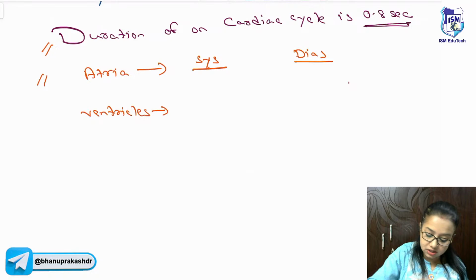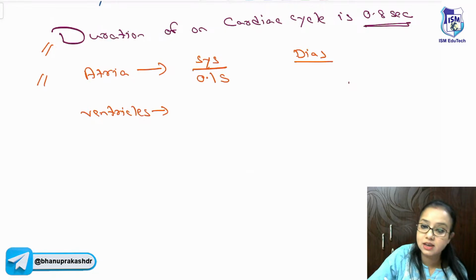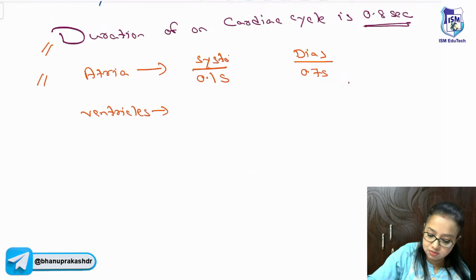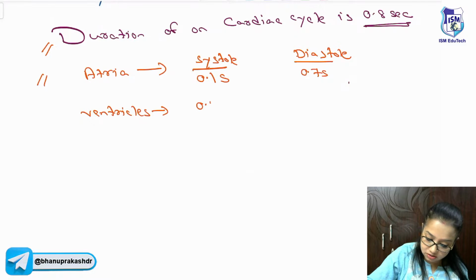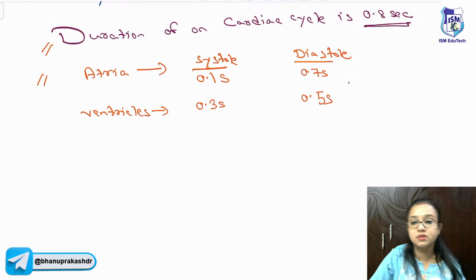Now, the atria spend about 0.1 second in systole, whereas most of the time, the maximum of the time, the atria remain in the diastolic phase. Whereas when it comes to the ventricles, the systole is about 0.3 second, whereas the diastole is 0.5 second.